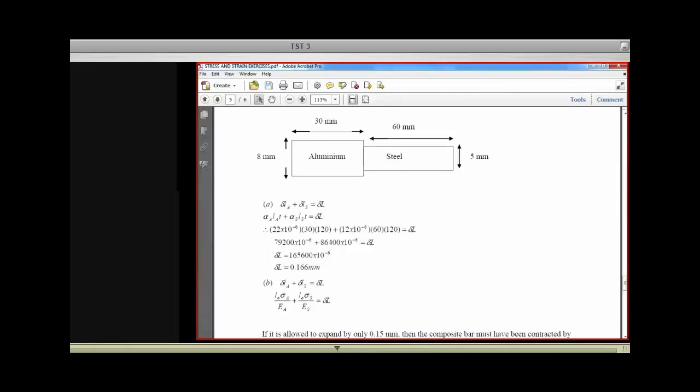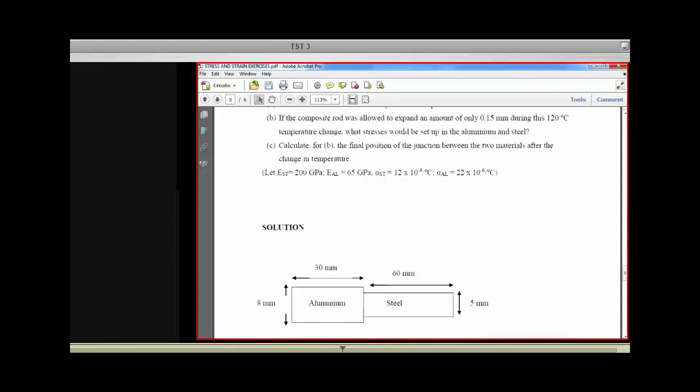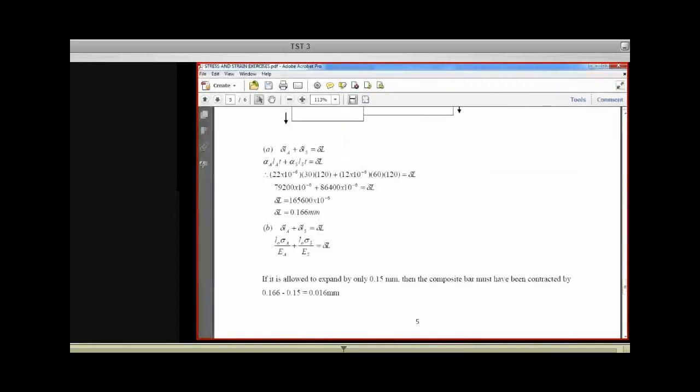So the next question in B says that if the composite rod was allowed to expand by that amount, so there is now an expansion that is being allowed. You get it now? So it said if it is allowed to expand by only, so we are not now looking at the change in length or the free change in length. Now it's being constrained. So we say it's been allowed to expand only by 0.15 millimeter. Then the composite bars must have been contracted.